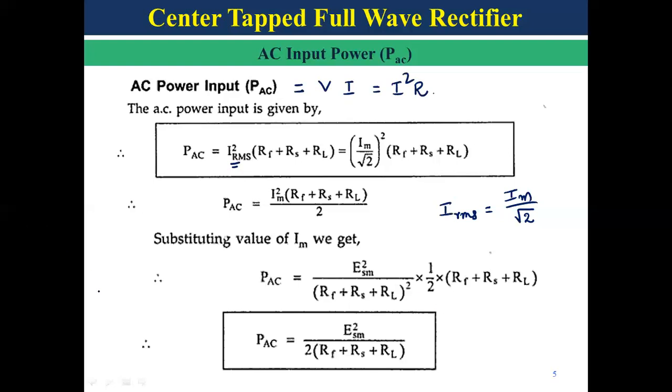Im we already calculated, that Im equal to Vm or Vsm by RS plus RF plus RL. So substitute Im, then PAC equal to Vsm square or Vm square by RF plus RS plus RL whole square into 1 by 2 into RF plus RS plus RL. Then the final expression for PAC equal to Vm square by 2 into RF plus RS plus RL.